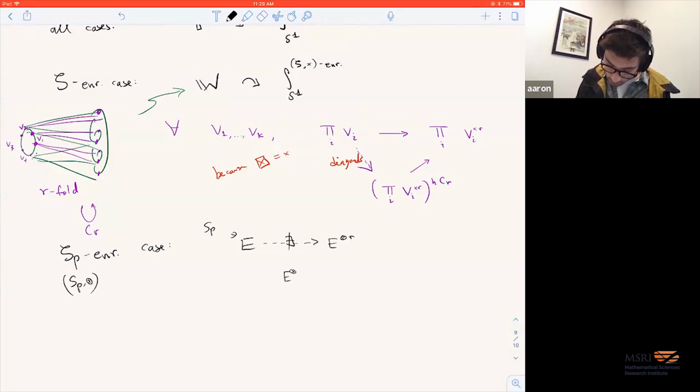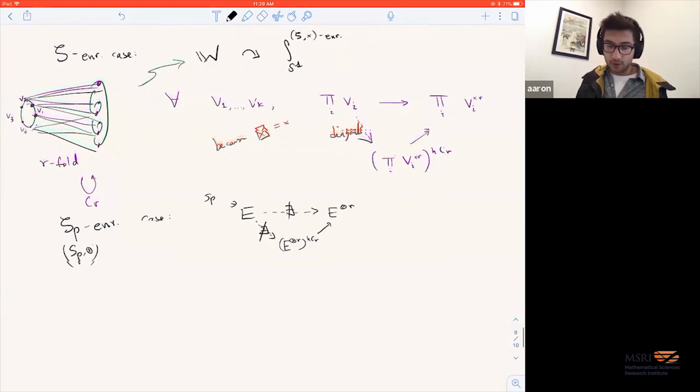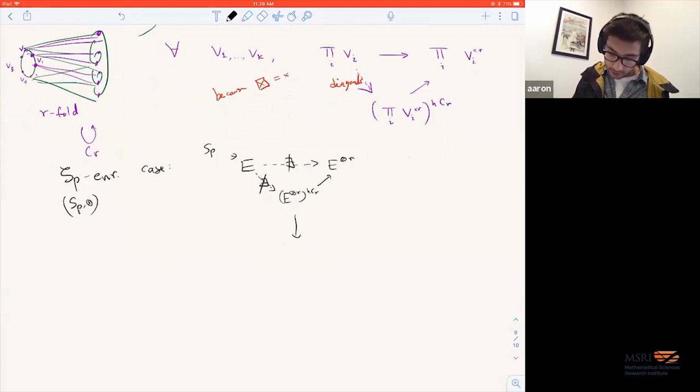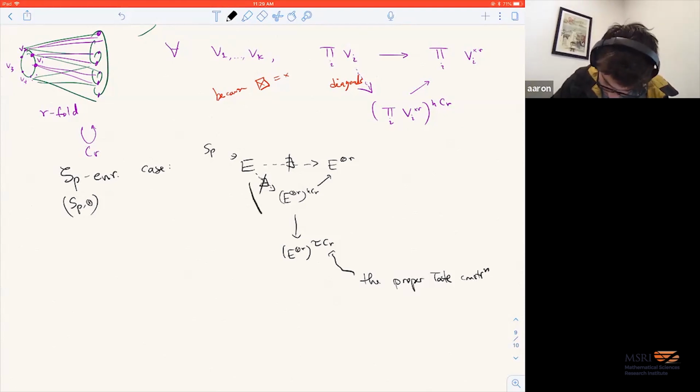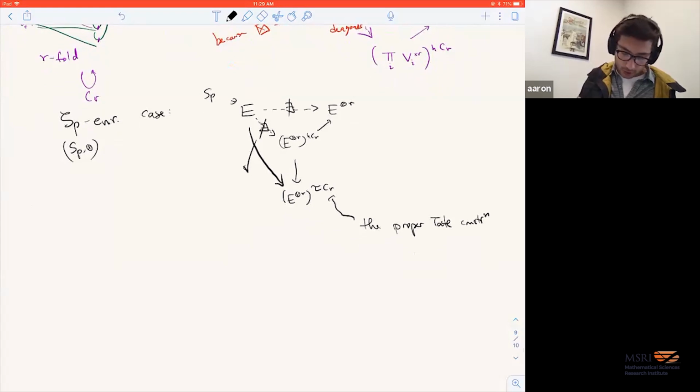In particular, there is no CR equivariant diagonal map. However, you can quotient out by the reason that there is not. That quotient operation gives you what's called the proper Tate construction. And there is a diagonal map going down like that. And those induce cyclotomic structure maps.